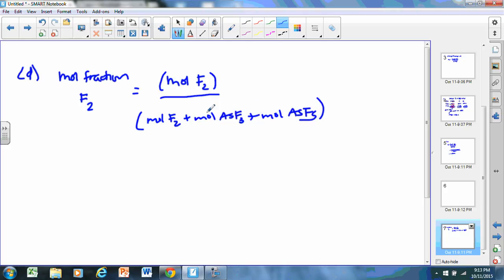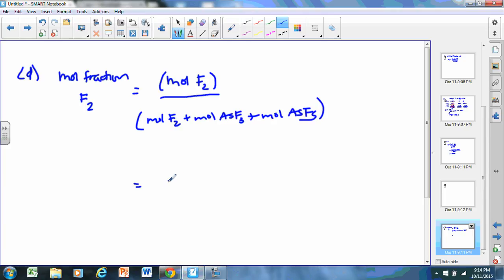If you wanted the mole fraction of arsenic trifluoride, it'd be the moles of arsenic trifluoride over all the moles. Because we know the molarities, but it's in a 10.5 liter flask, all of these would be divided by 10.5, and it would be proportional.